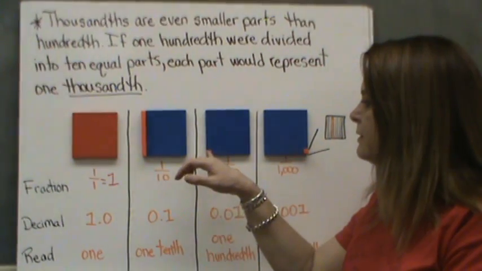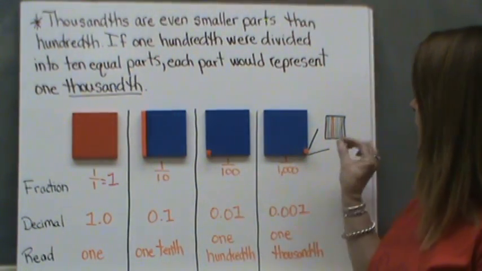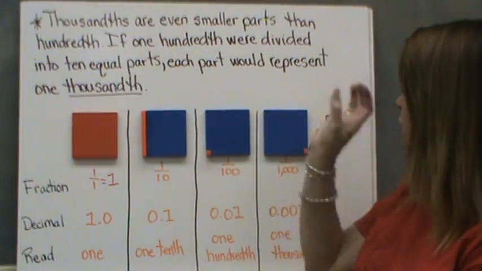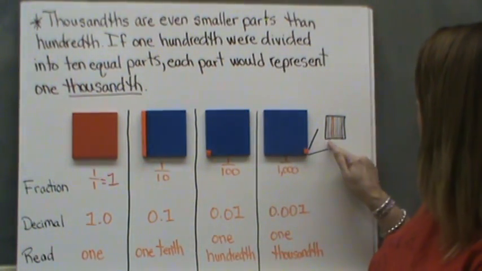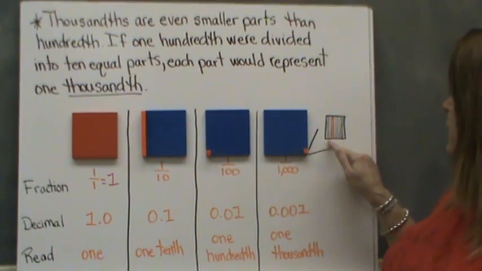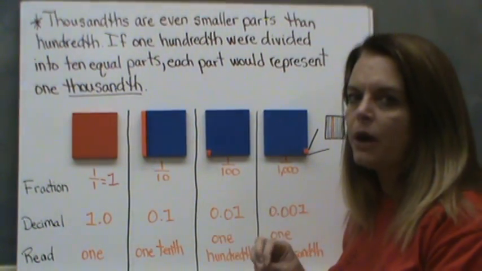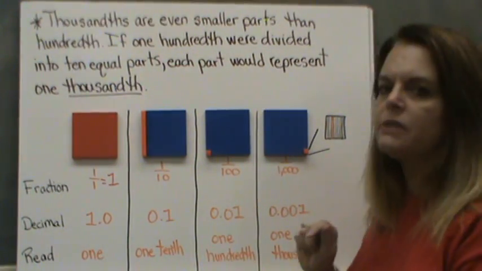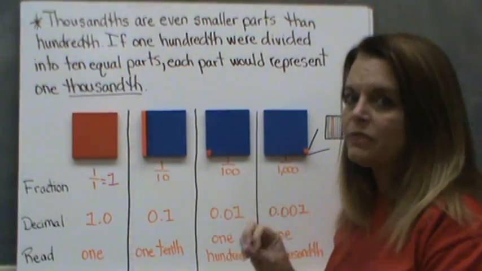Now, if I take this little square, and I had a magnifying glass and I could show you inside of there, and I divided that little square into 10 more equal parts, then one of those little parts in there would be 1/1000th.